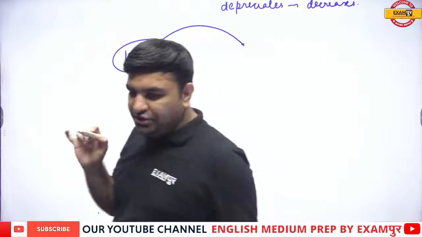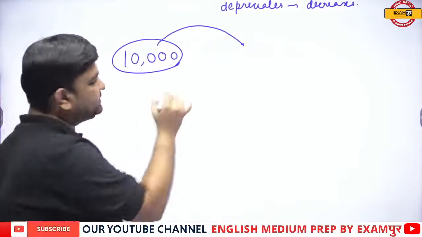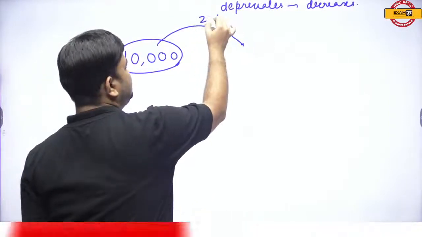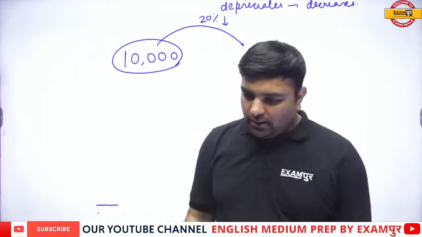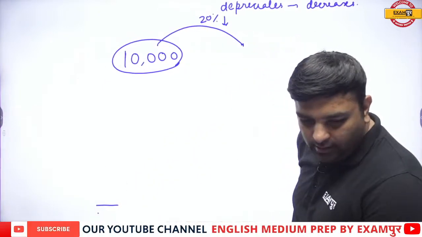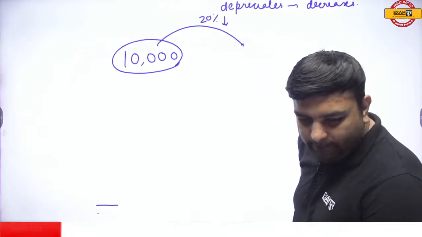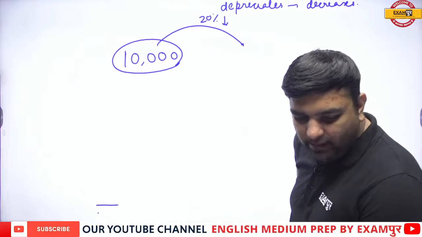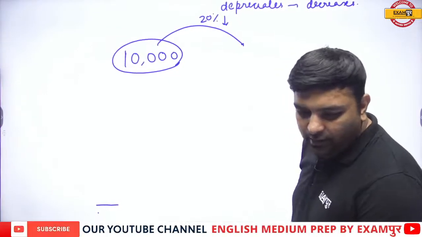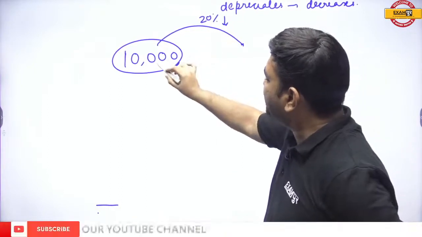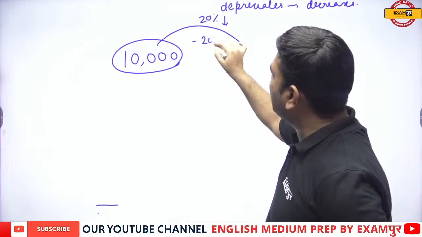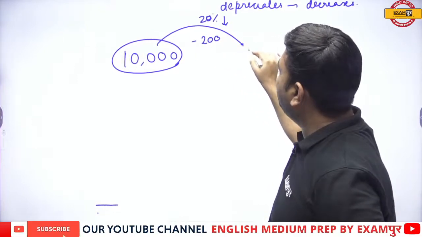Its value depreciates every year by 20%. What is the value after 1 year? The value after 1 year is going to be, 20% depreciation is a depreciation of 2,000, so it will become 8,000.